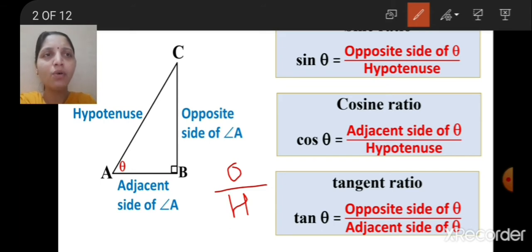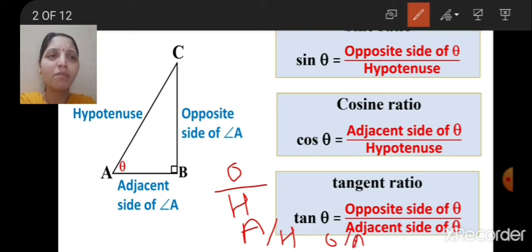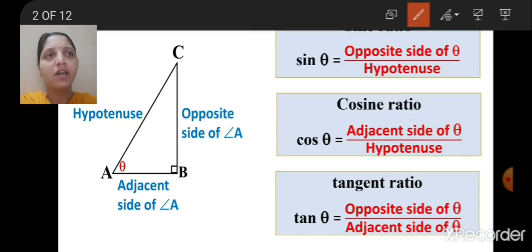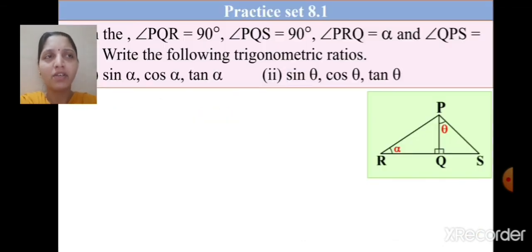O hero for sine theta, A hero for cos theta, and OA for tan theta. So you can remember it as O hero, A hero, OA. This is one trick I have told here. You can use any other trick also.